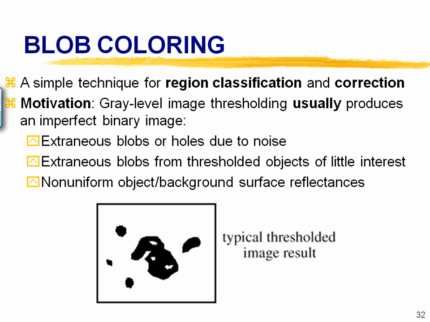Visually it's a very simple problem, right? You can look at it and tell me there are 5 objects. In terms of processing, it's not that straightforward. In order to actually do this counting, the algorithm to do it is called blob coloring, and there are probably a dozen different approaches to doing blob coloring.